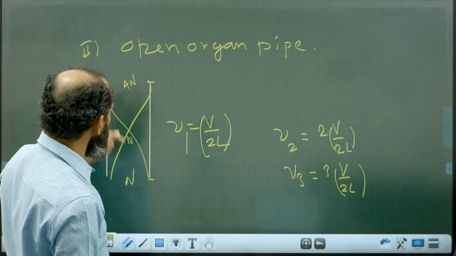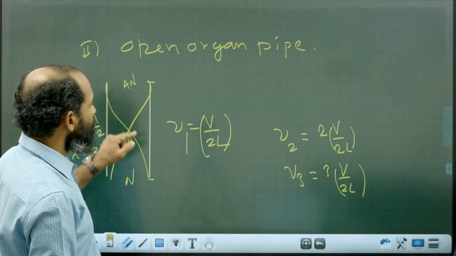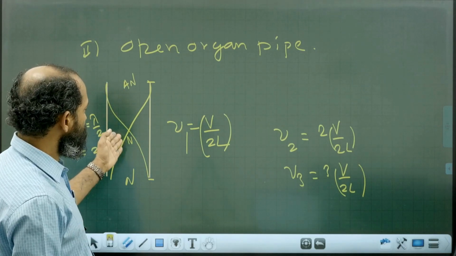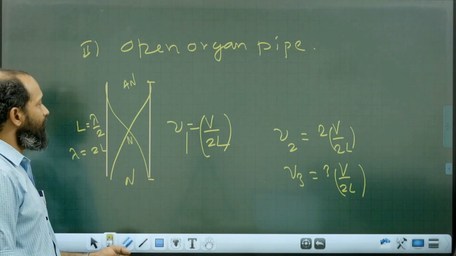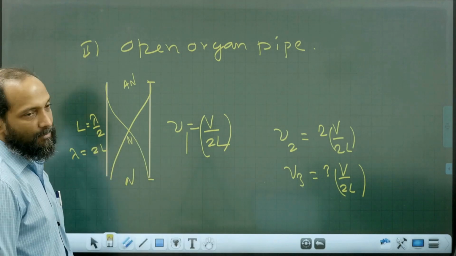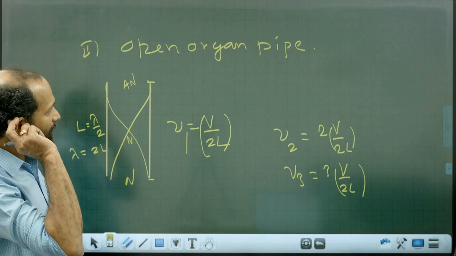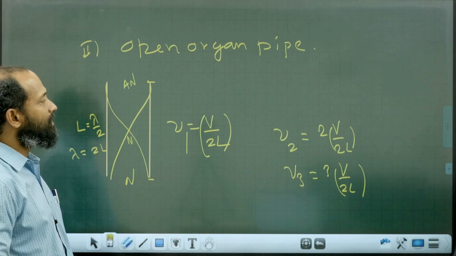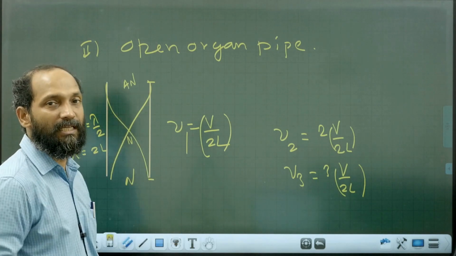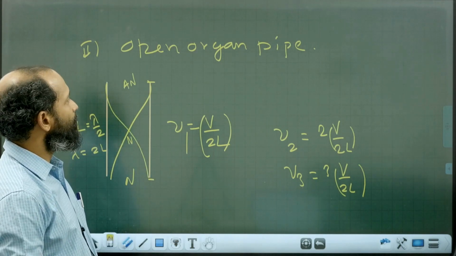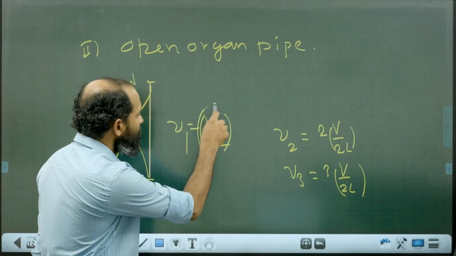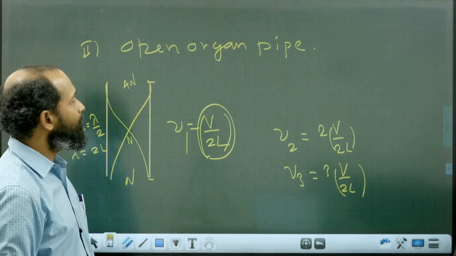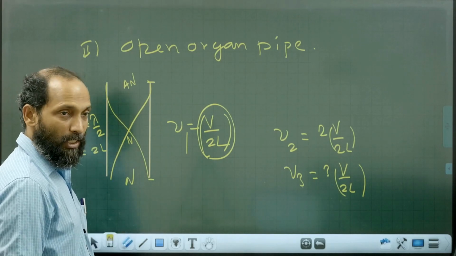The number of nodes is equal to the harmonic. For the second harmonic, 2 nodes and 3 antinodes would be there, so the number of antinodes is greater by 1. So the relations between the number of nodes and antinodes in each of these cases can be distinctly learned. That's the open organ pipe. Its fundamental frequency is V by 2L, but for a closed organ pipe the fundamental frequency is V by 4L.